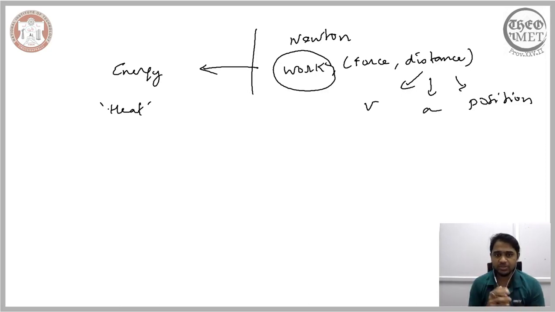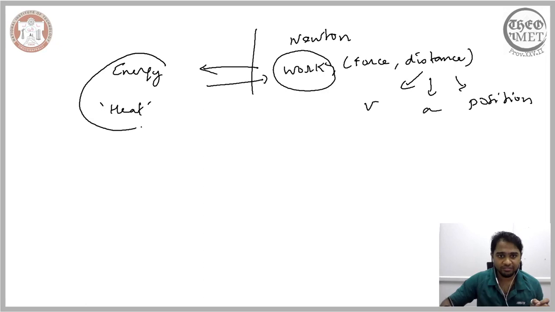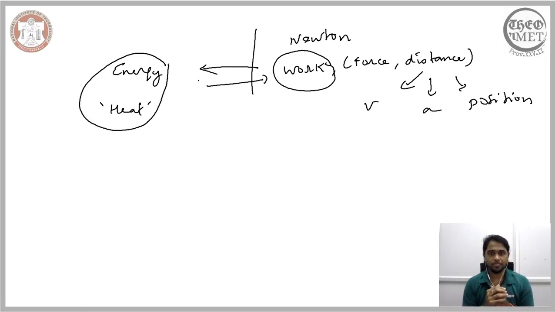And subsequent studies also proved that energy can be used to do some work. Particularly, the heat energy can be used to introduce some work. So heat energy can be facilitated to induce a specific work. So what we have is an interplay of two different domains.